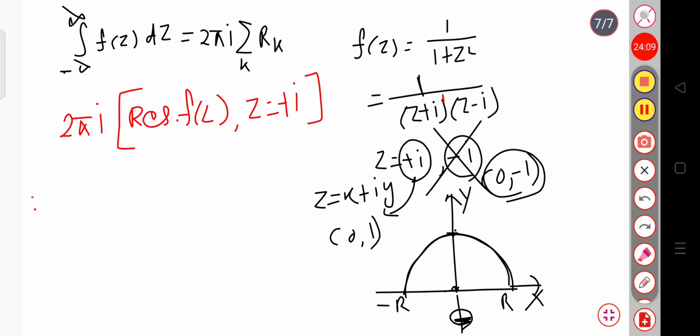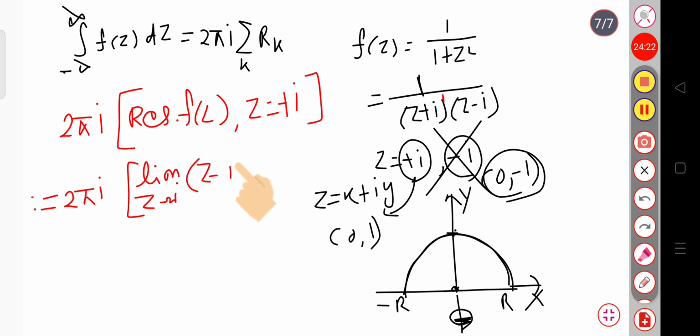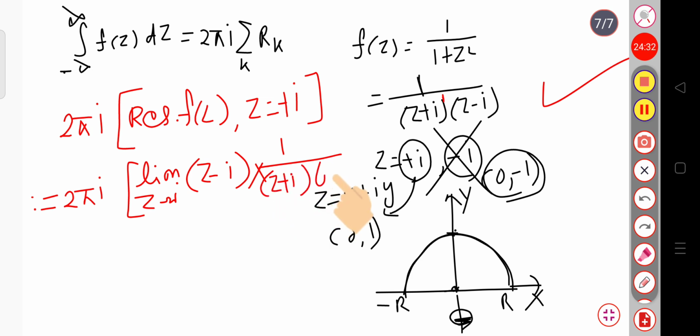So this will be equal to 2 pi i times, for the residue we have to take limit z tends to i, z minus iota into f of z. Here this is your f of z, I am directly writing this as 1 divided by z plus i into z minus i. Now this z minus i gets cancelled.